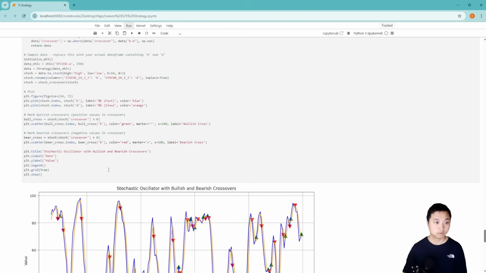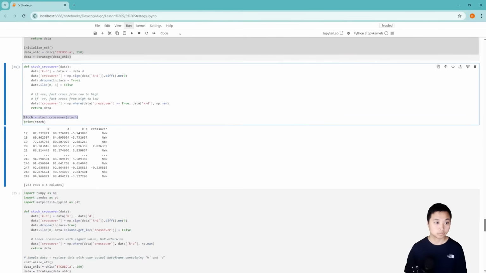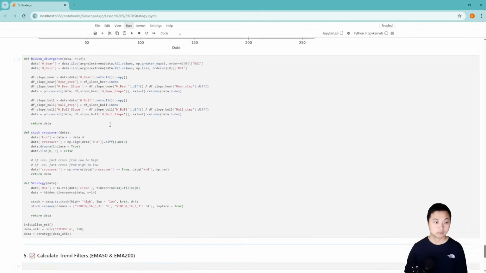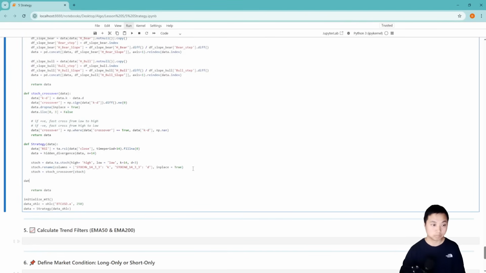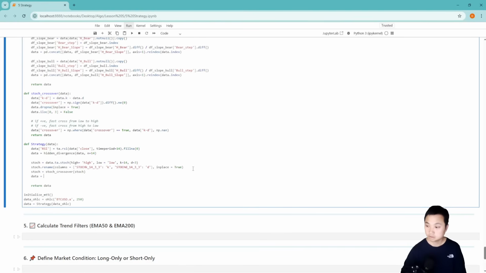What I would like to do here, because we are using another data frame, is simply to concat this stored data frame back to our main data frame, row by row, and then we are going to re-index according to the main frame.